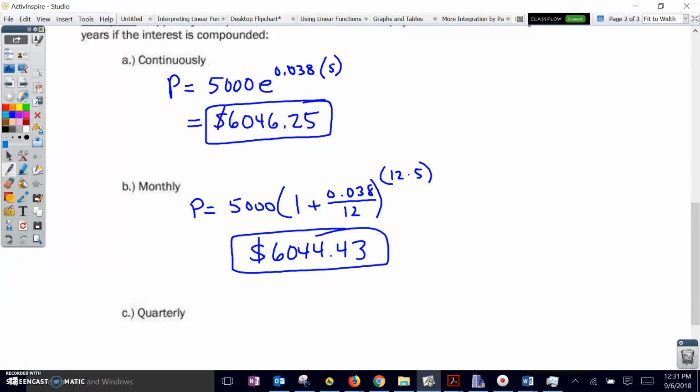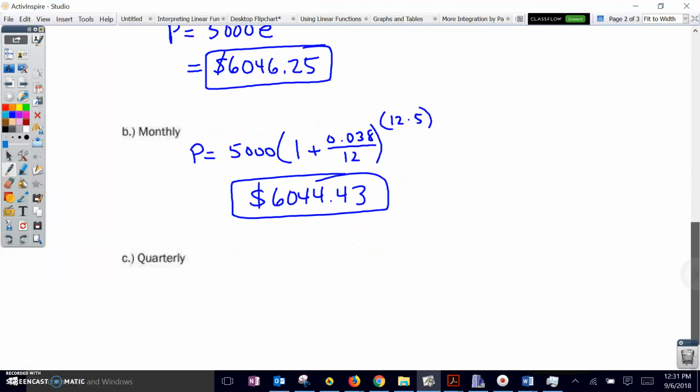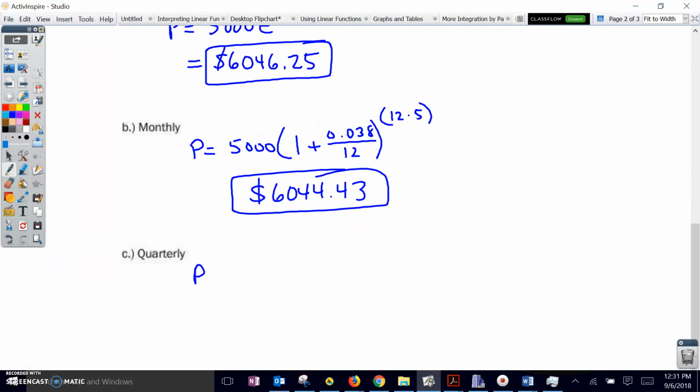And lastly, we're going to do it quarterly, which means 4 times a year, so our number of compounding periods is going to be 4. Set up my formula again. And then I'm going to go ahead and calculate.